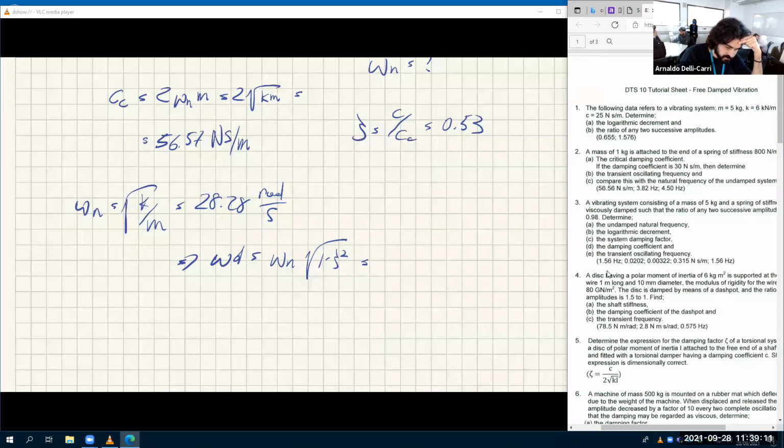There you go, 23.98 radians per second, of course. Okay, sorry, horrible writing.